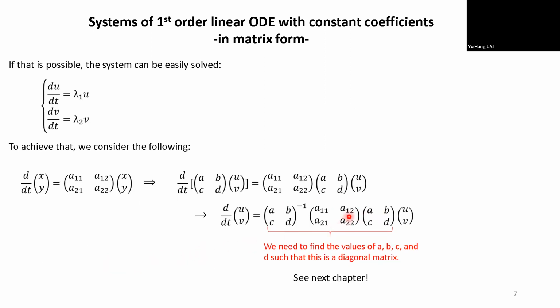In the next chapter, we will learn how to do the so-called diagonalization of a matrix. Given this matrix A11, A12, A21, A22, you'll be able to find the corresponding ABCD matrix such that this whole thing is a diagonal matrix.